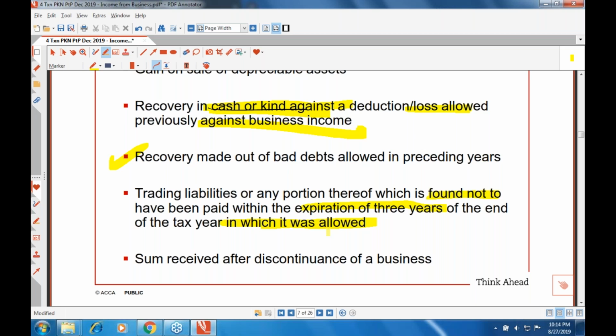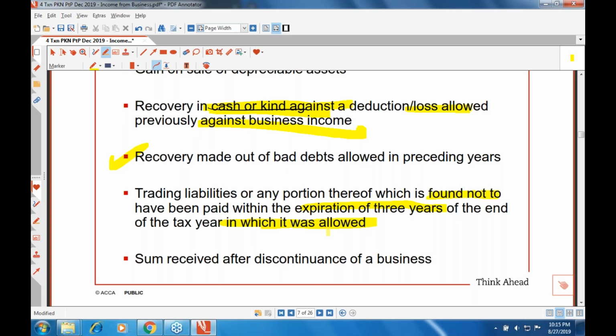The fourth is sum received after discontinuance of business. What exactly do you mean by that? Like you discontinued the business, and there was something that was recovered after the end of the business.